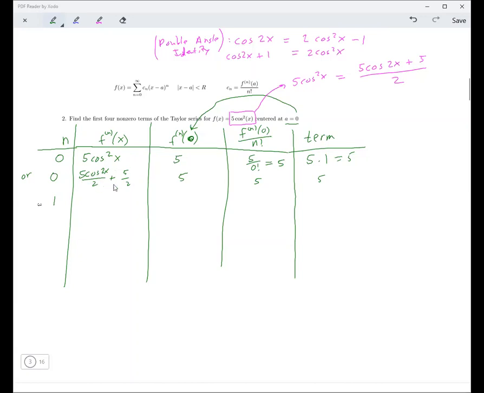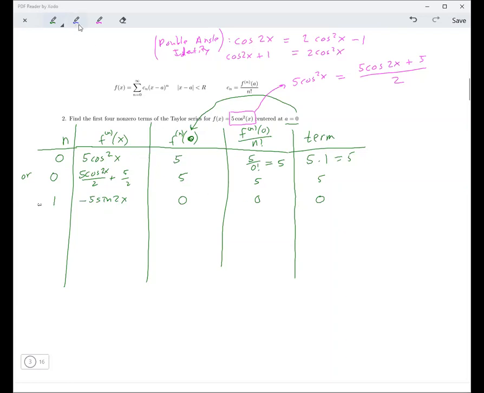That means you have to take the derivative of this. The derivative of cosine is negative sine. And then by the chain rule, you have to multiply by the derivative of this, which is 2. So that 2 is going to cancel with that 2. So you're going to get negative 5 sine 2x. And when you put a 0 in here, sine of 0 is 0. So that's just gone. That's just 0.